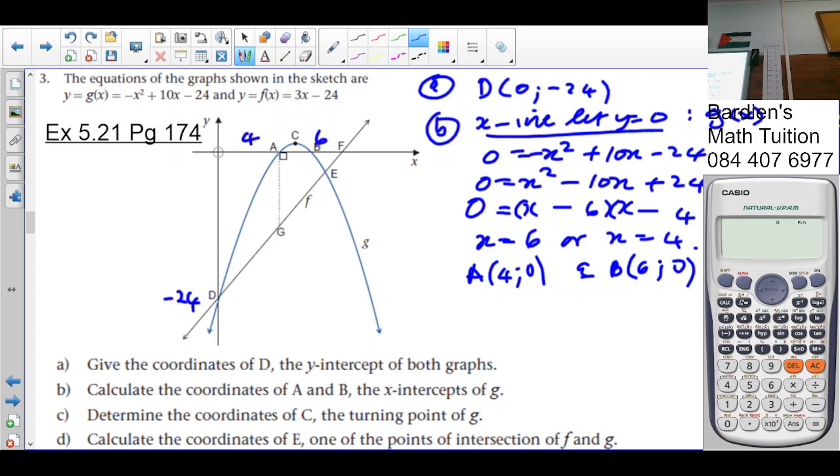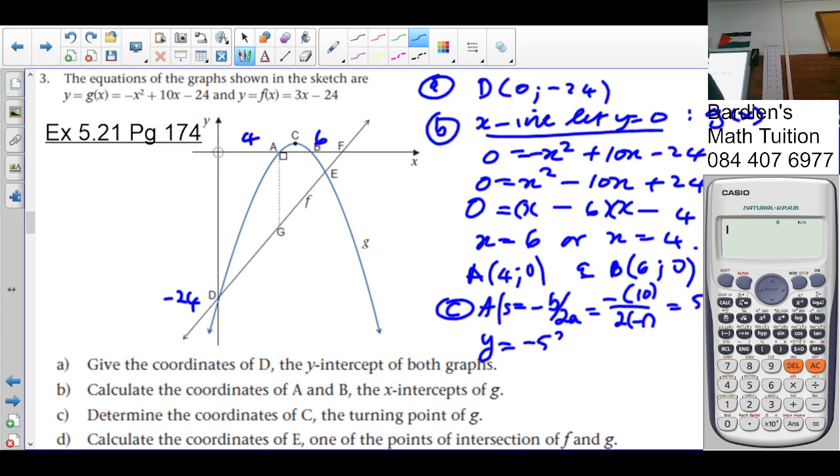Okay. C. Determine the coordinates of C, the turning point. This is the axis of symmetry, which is minus b over 2a. So it's minus 10 over 2a, which gives you 5. So I could have said g of 5.